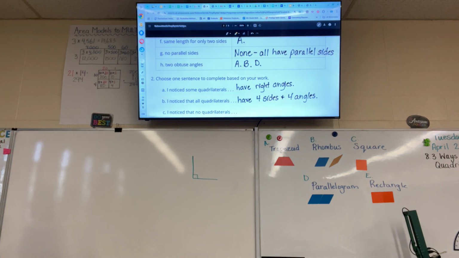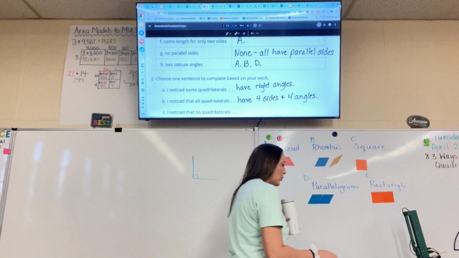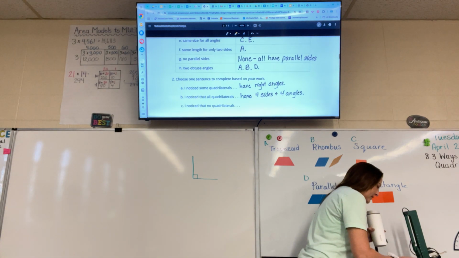And then on C it says, I noticed that no quadrilaterals have what? Brayden? Five sides. Yeah, because that goes against the definition of the quadrilateral. So you can put that, or have more than four sides. Anything else?